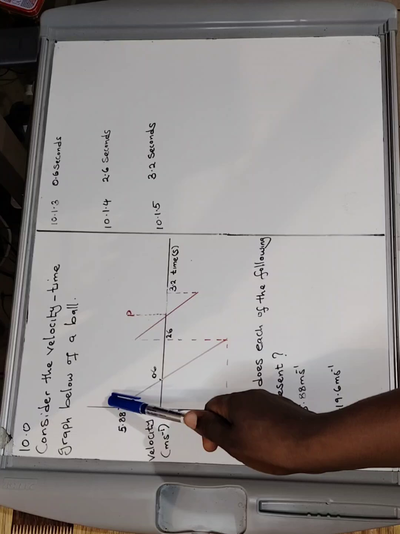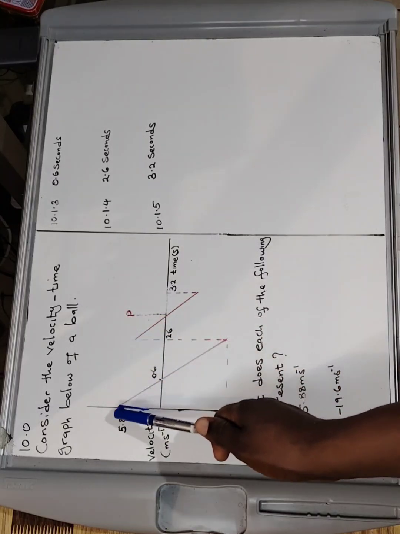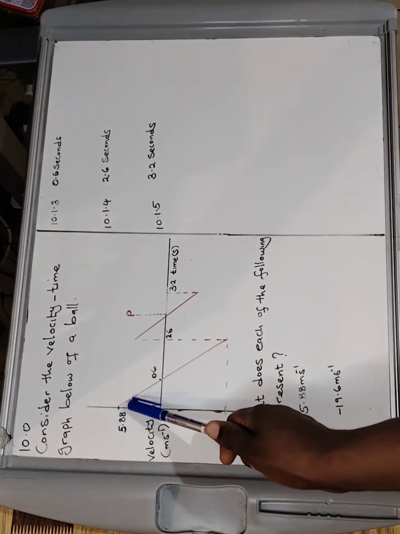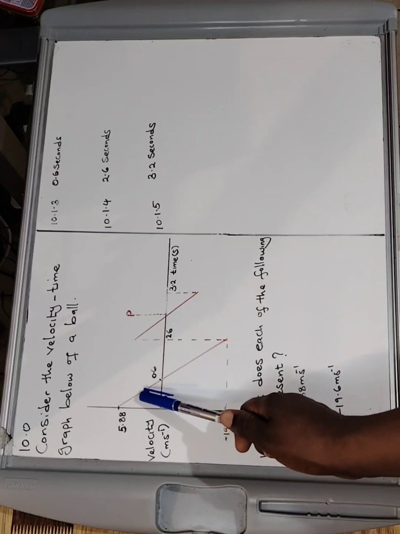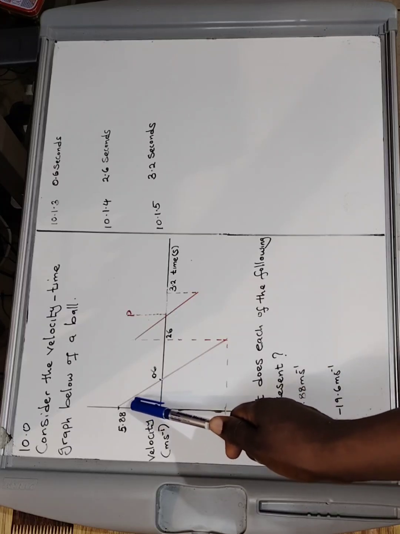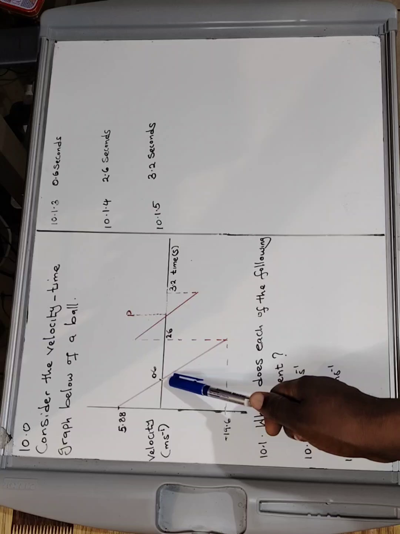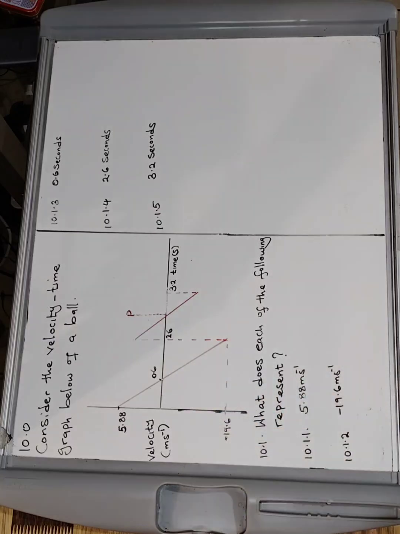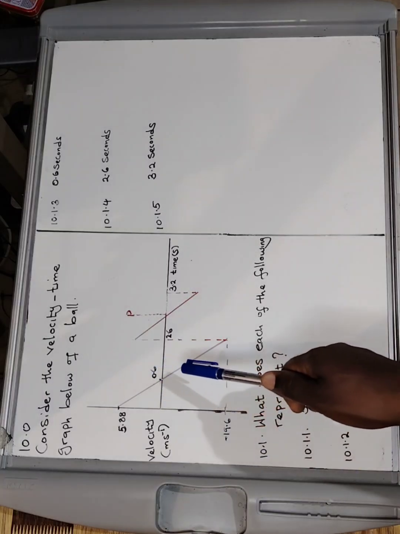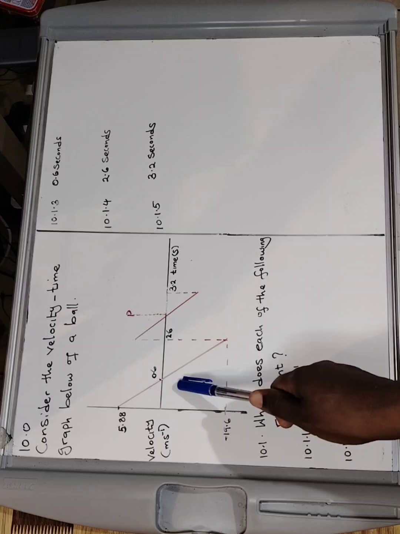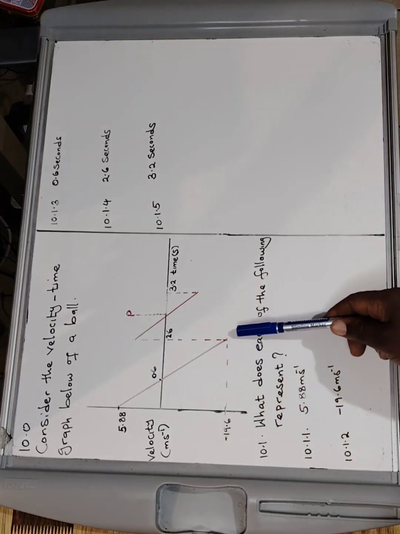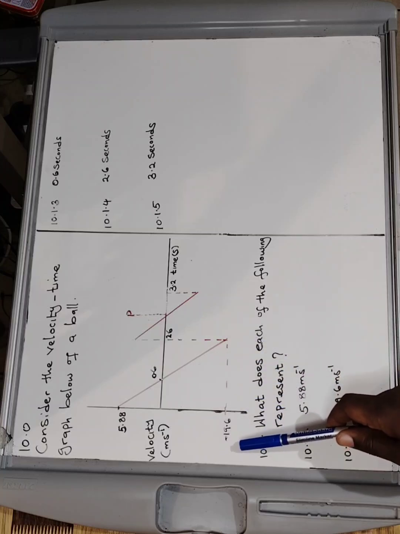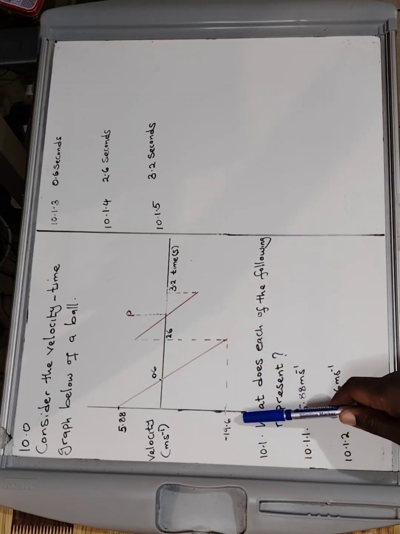We are having a ball which is projected upwards and it reaches maximum height in 0.6 seconds. Then from maximum height, it turns and starts to move downwards. It hits the ground at the velocity of 19.6 meters per second.